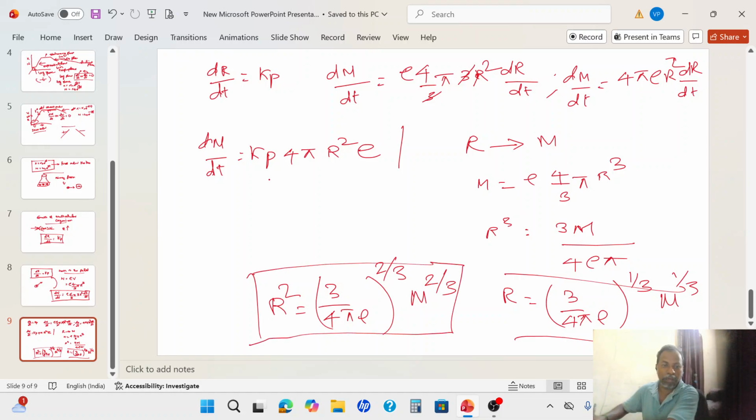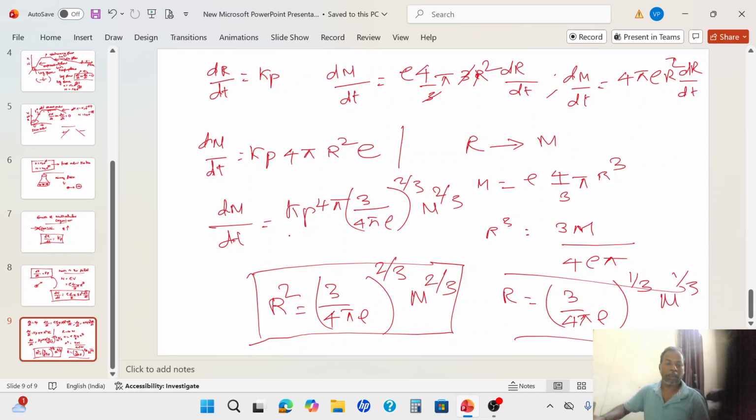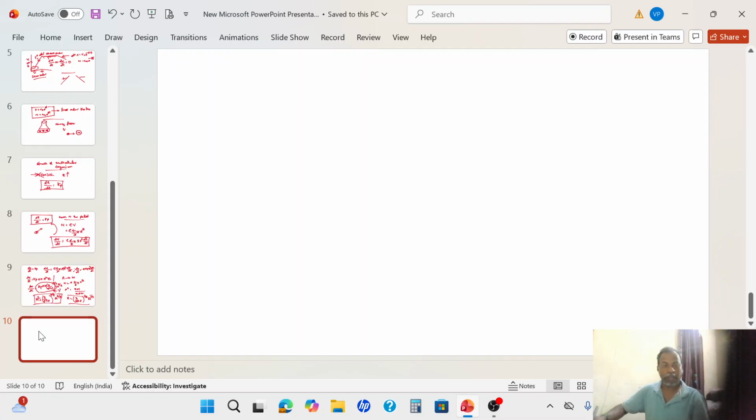So when you substitute this, dm by dt is equal to kp 4 pi into 3 by 4 pi rho whole power 2 by 3 into m power 2 by 3. Assume this entire term as gamma.